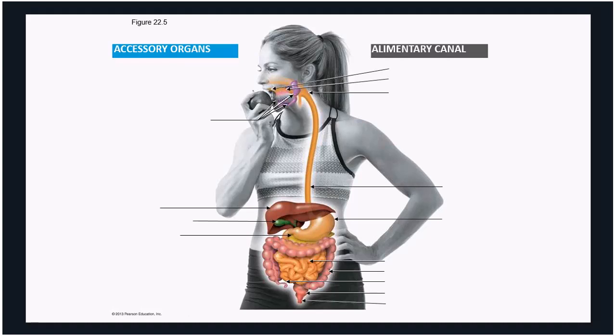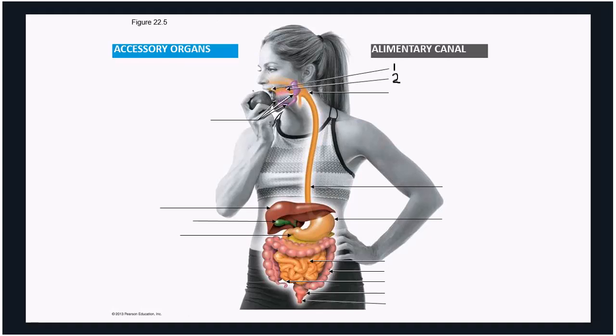So that would be the mouth. Then what is the apple meeting? As it's chewed up, your tongue forms it into a food bolus, and you're able to swallow it. So that's what this next one's talking about, is your tongue.